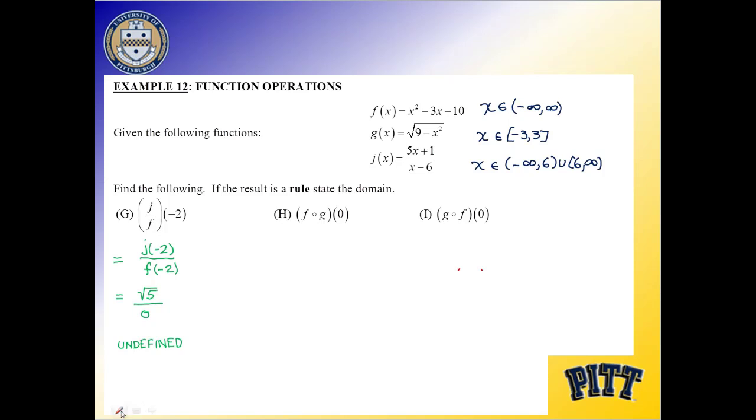There is an error with this. It's one of those times I got interrupted by my kids as I was doing this. This should actually be j of -2, not g of -2. That's what would happen if I got g of -2. This should actually be reading, bear with me for a second here, -9 over -8. So this should be a 9 over 8, not the square root of 5.